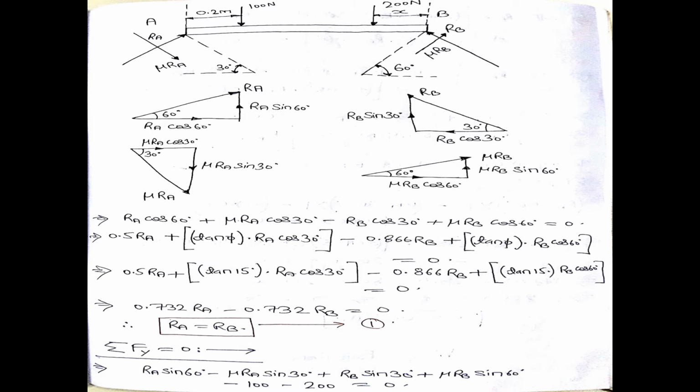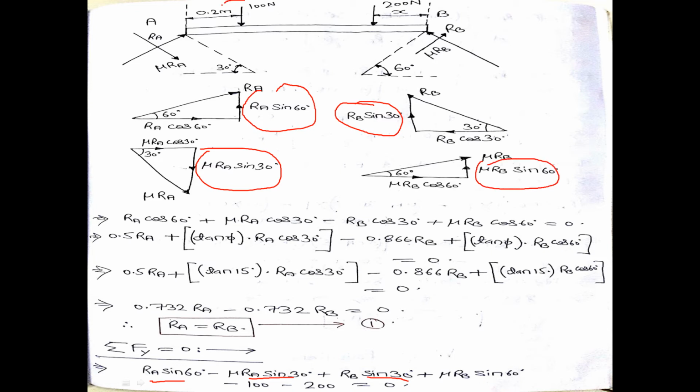Okay, fine. Next is summation of all the forces along the y direction equal to 0. That is summation Fy equal to 0: plus RA sin 60, minus mu RA sin 30, plus RB sin 30, plus mu RB sin 60, minus 100 Newton, minus 200 Newton, equal to 0.